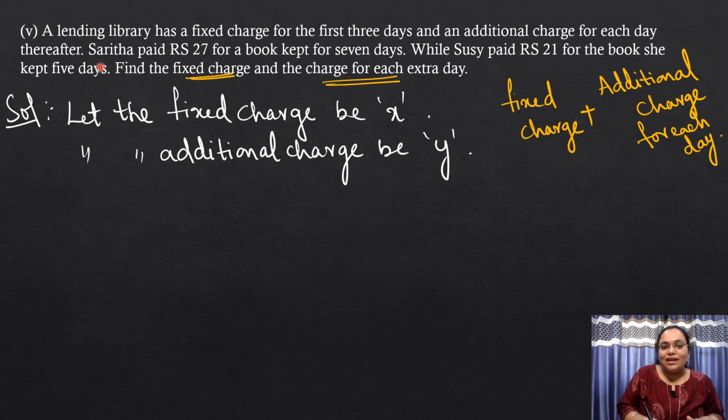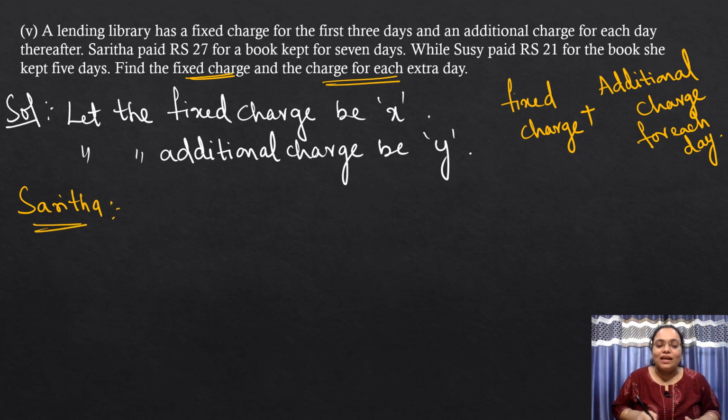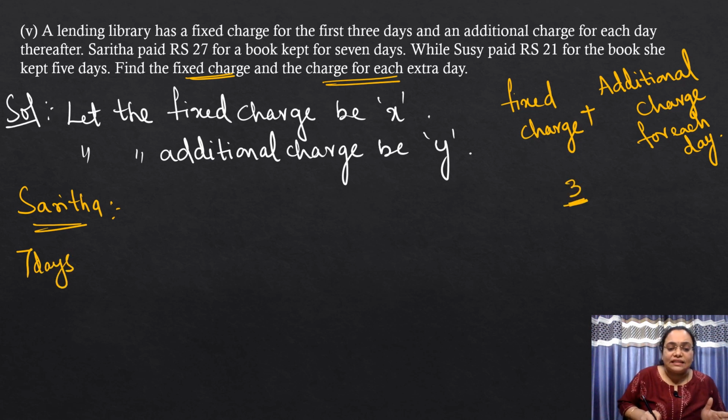Sarita paid 27 for the book she kept for 7 days. So first let us talk about Sarita. She has kept the book with her for 7 days. For the first 3 days, it is the fixed charge.